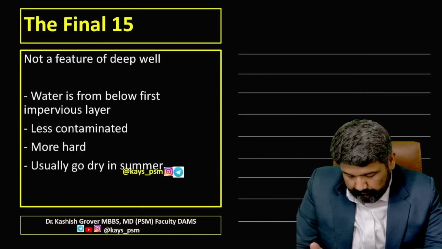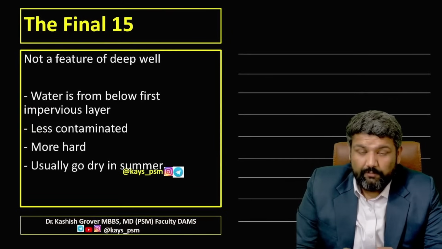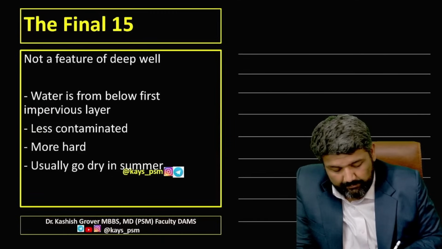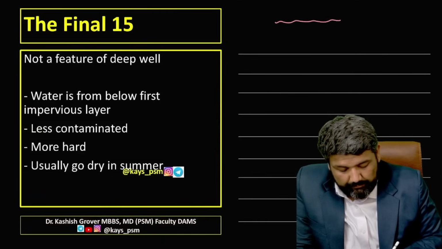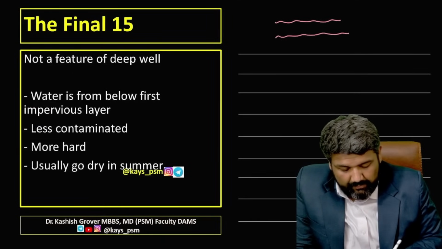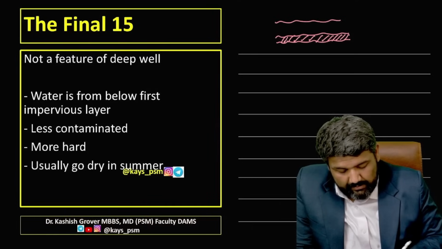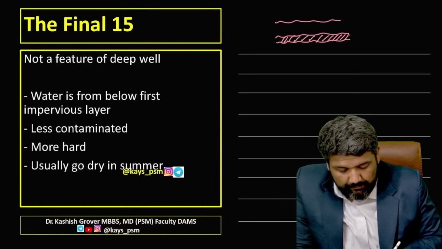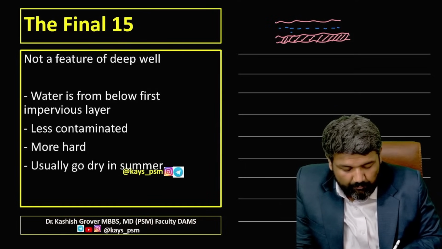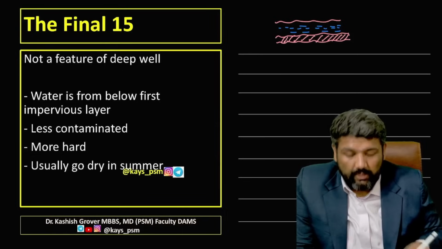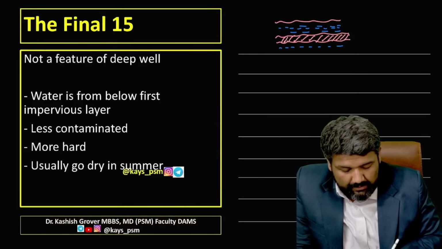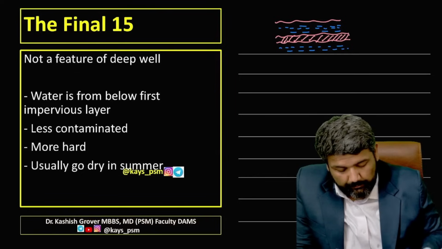Then, not a feature of deep well. Guys, please understand. This is the first impervious layer. Above this first impervious layer there is some water, and below the first impervious layer there is some water.